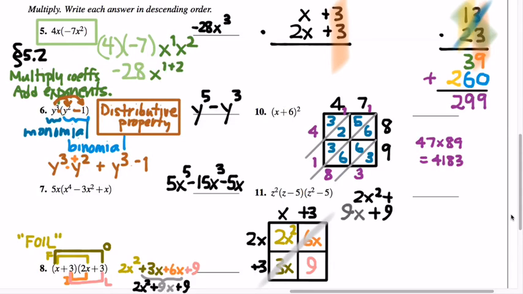I mean, ultimately it won't matter because everything's commutative, but if we're following the algorithm, we'll start with 3 times 3 first, and then we'll move after 3 times 3 to the x times 3. So x on top times the 3 from the second row, and x times 3 is going to give you 3x. So far, that's what you end up with.